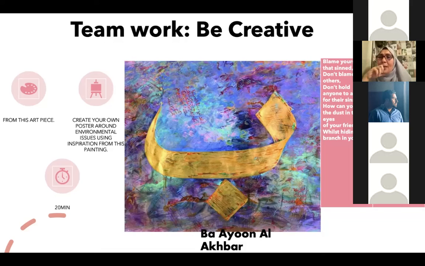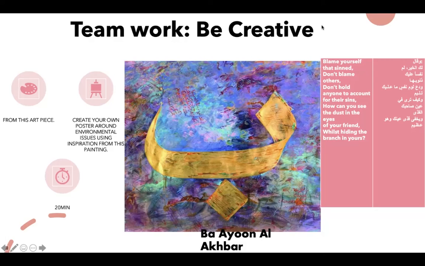Why is it blurry? Okay, لك الخير ثم لم نفسا عليك ذنوبها ودع لوم نفس ما عليك تلوم وكيف ترى في عين أخيك في عينيك القذى ويخفى قذى عينك وهو عظيم. I think it's a little bit blurry.